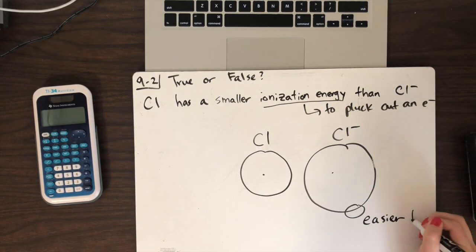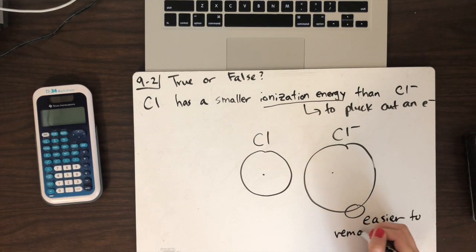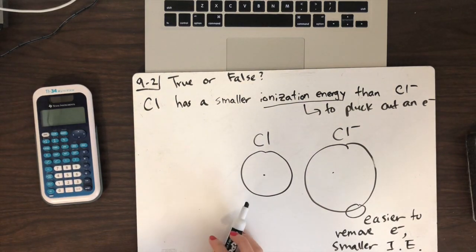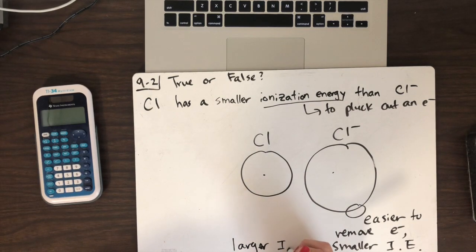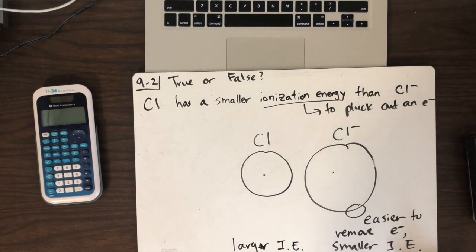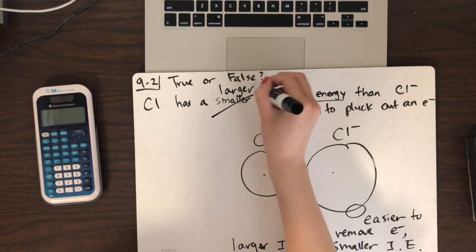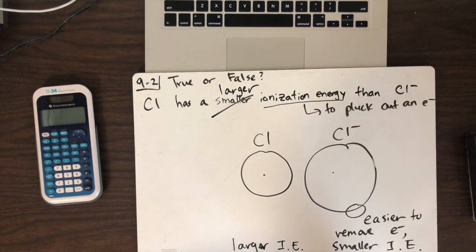When it's easier to remove an electron, that's going to be a smaller ionization energy. So Cl is going to have the larger ionization energy because Cl minus is going to have the smaller one. So this statement, as it's written, was false.